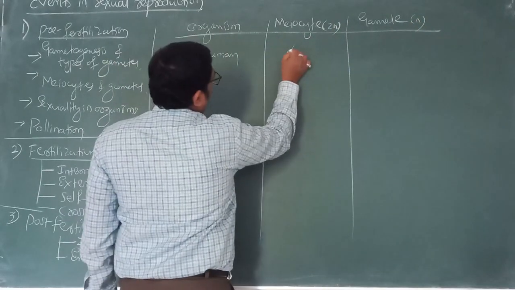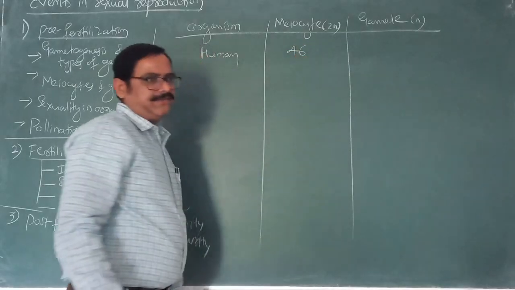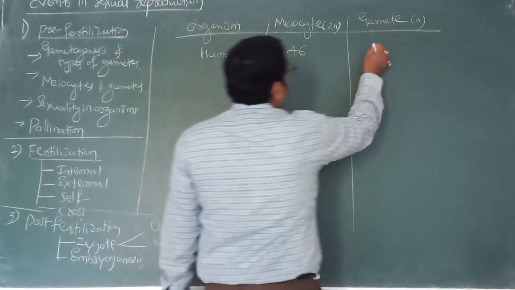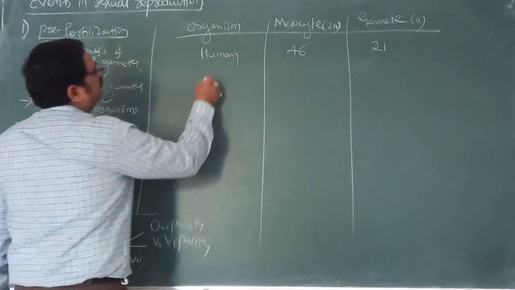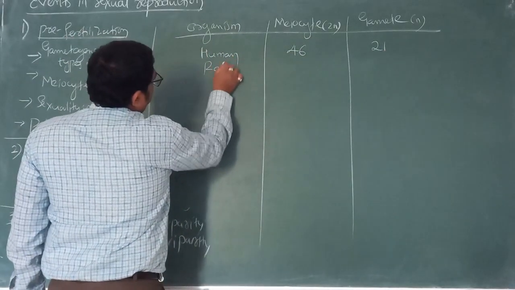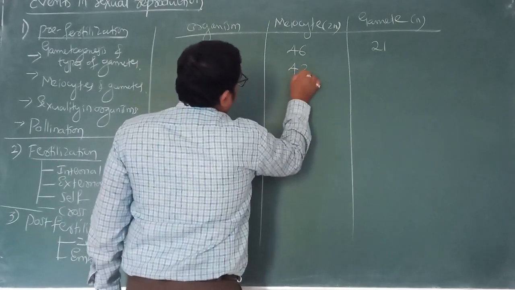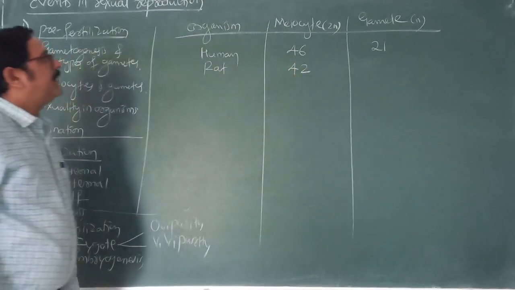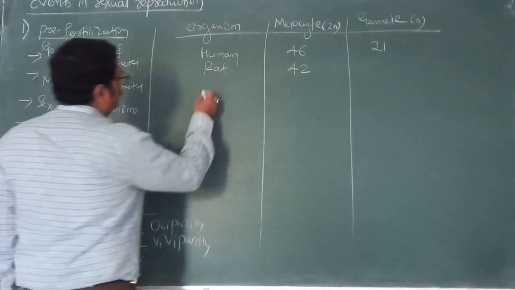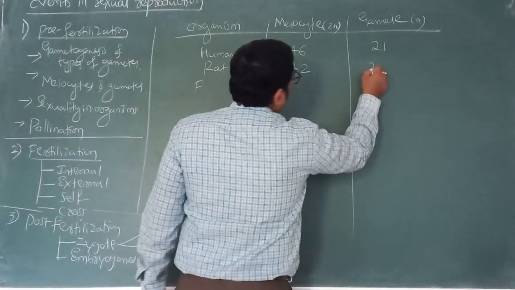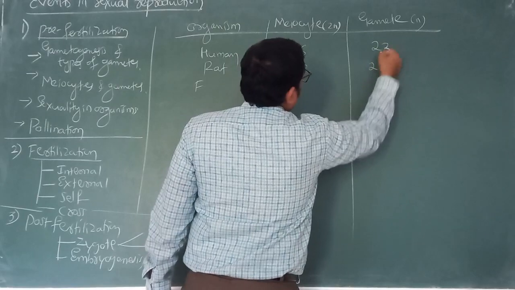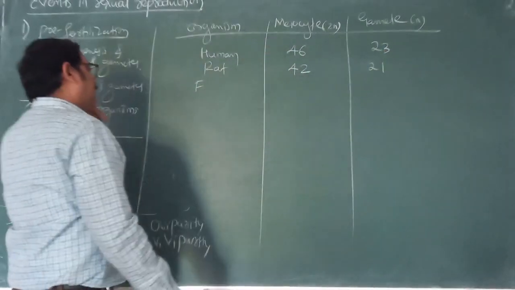What is the diploid chromosome number of the human? 46. What will be the chromosome number in either sperm or egg? It will be 23. Then the rat, it is 42. First let me write the organism and then the meiocyte chromosome number. The gamete number should be 21.